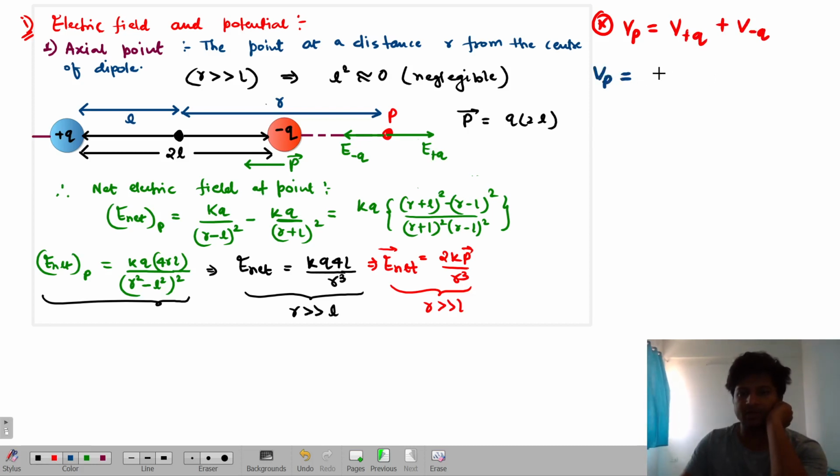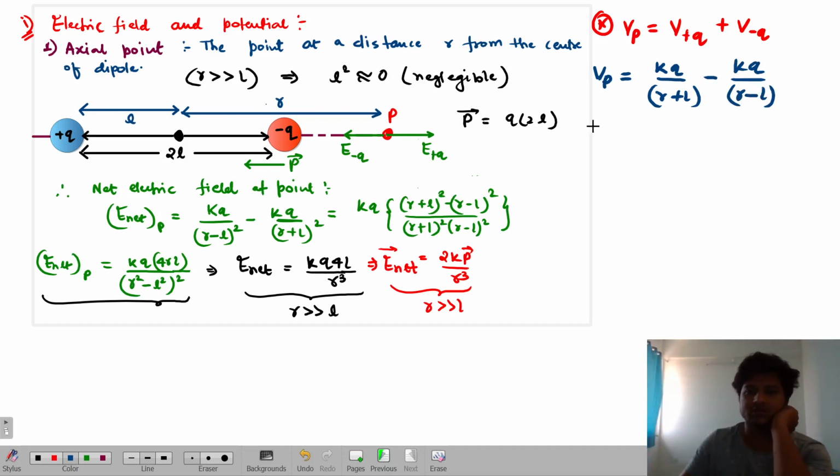Potential at point P is the potential due to plus Q, which will be KQ by R plus L, isn't it? Are you able to get me? And due to minus Q, it will be minus KQ by R minus L, isn't it?